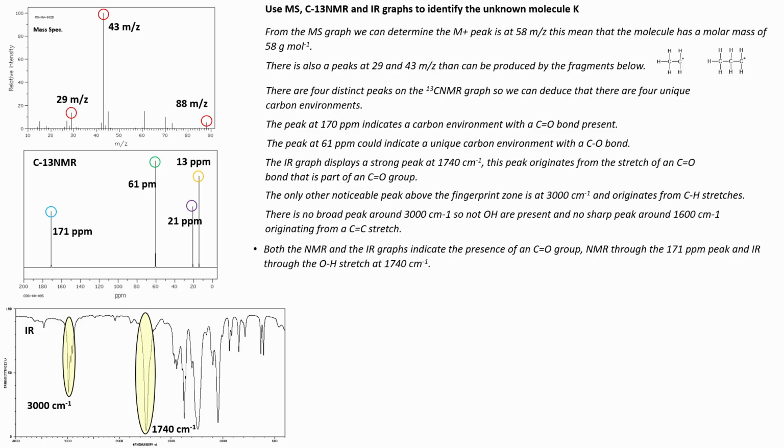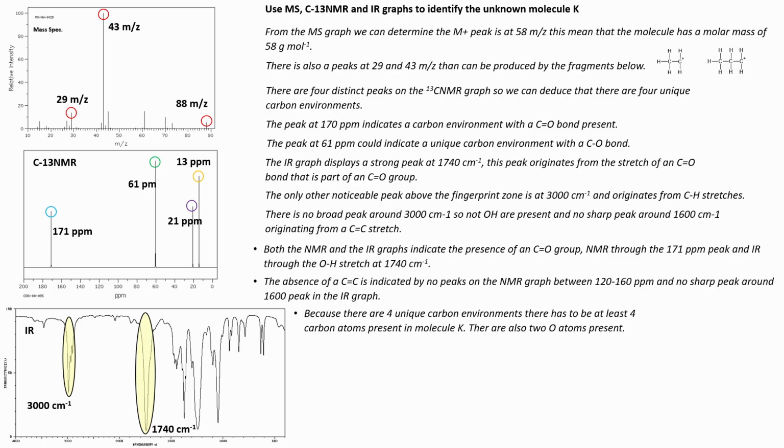So if we bring those together, we can say we're pretty confident that that carbon double bond oxygen is there, because it's been indicated in two places. The other thing we can say is because there is an absence of carbon double bond carbon peaks on the carbon NMR, and also none that we can notice on the IR, we're pretty sure there's not a carbon double bond carbon in there.